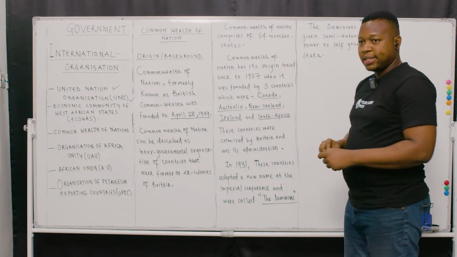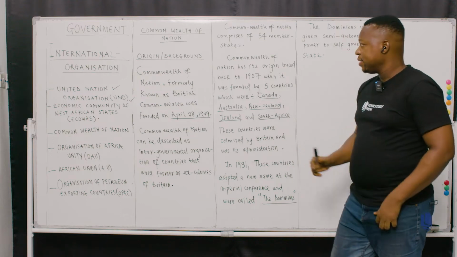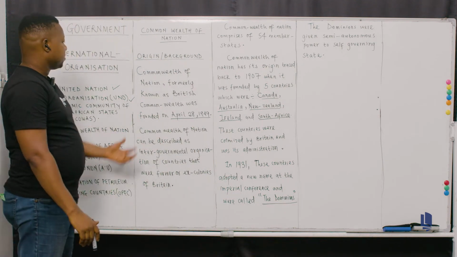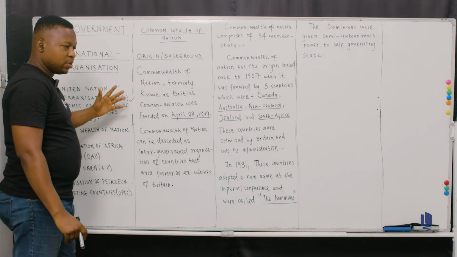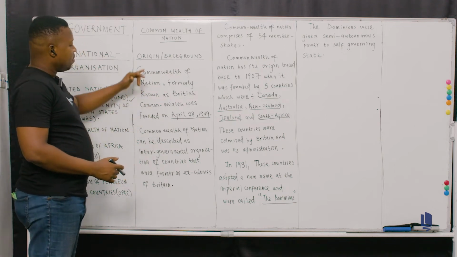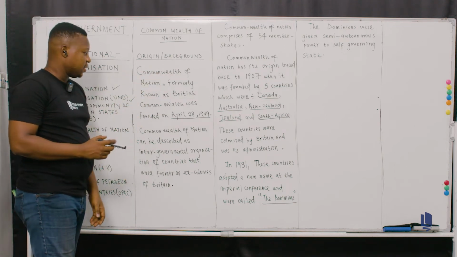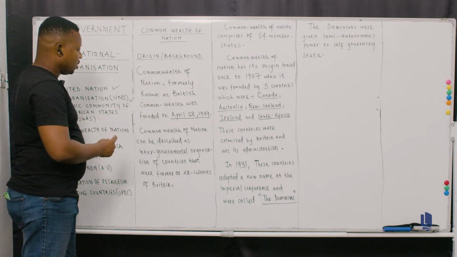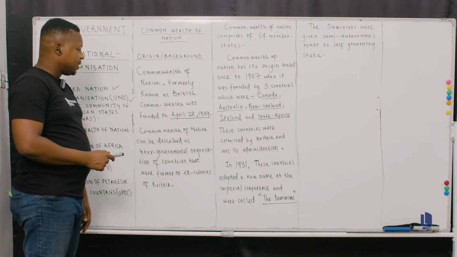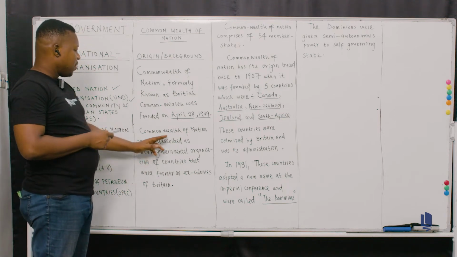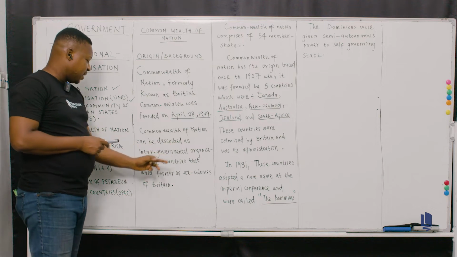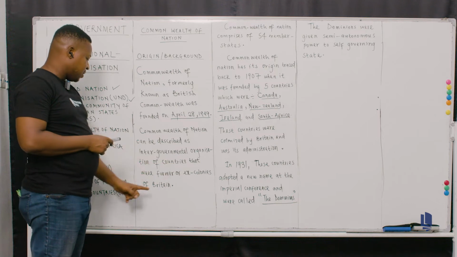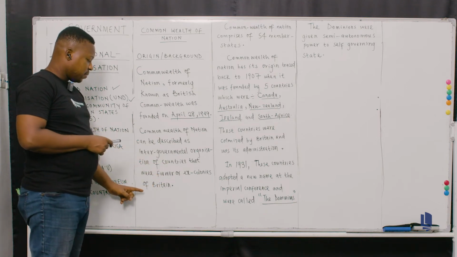Now we're still looking at the origin and background of Commonwealth of Nations. On the board is the introduction to when our Commonwealth of Nations was officially founded. Commonwealth of Nations, formerly known as British Commonwealth, was founded on April 28, 1949. Commonwealth of Nations can be described as an intergovernmental organization of countries that were formerly ex-colonies.